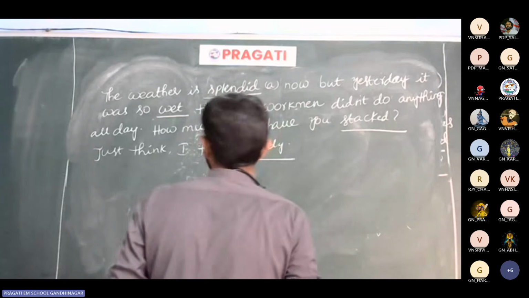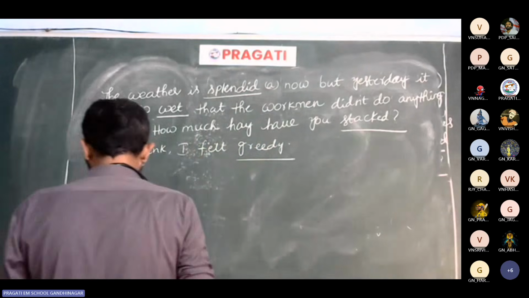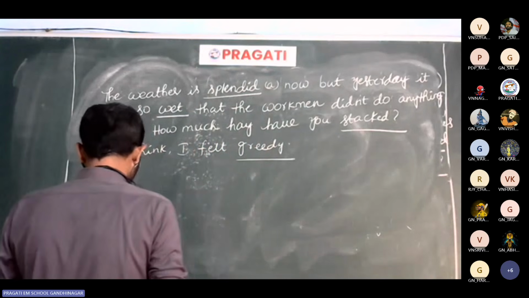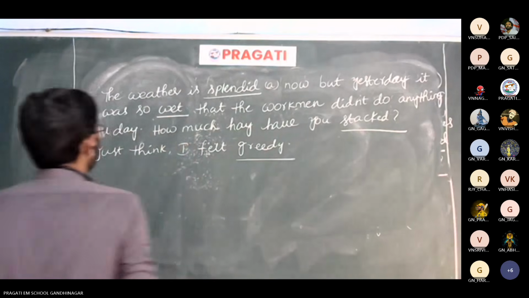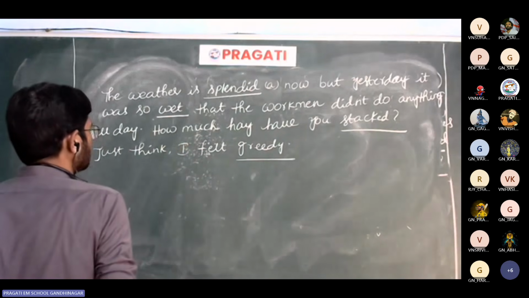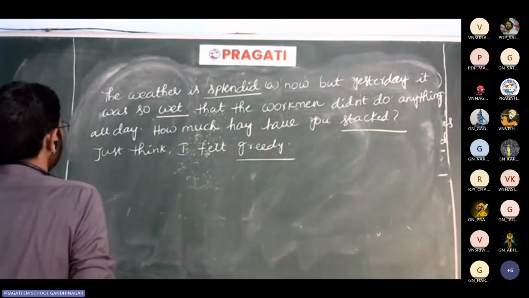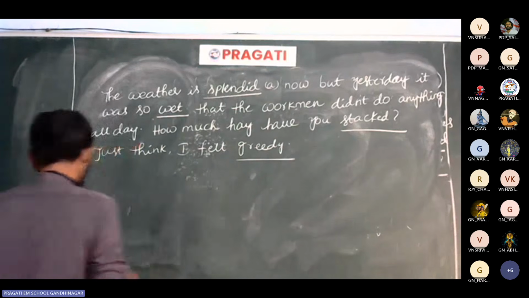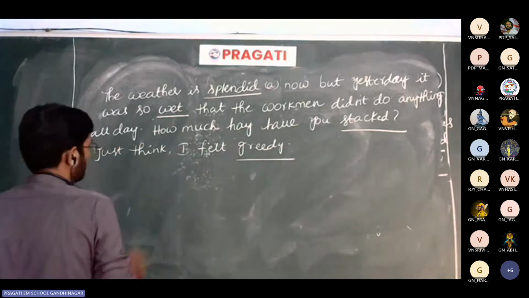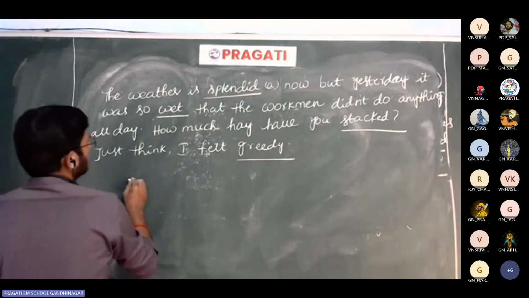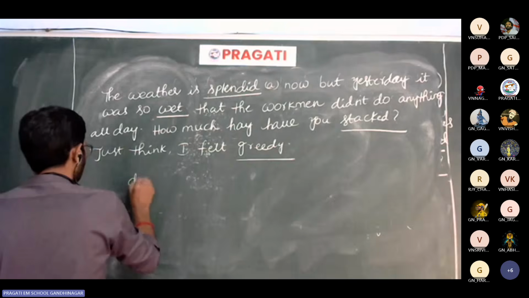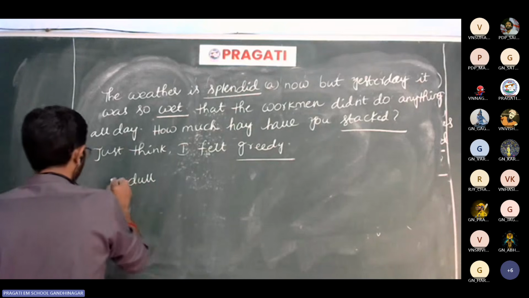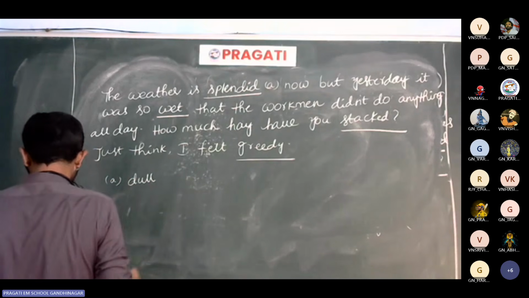So the first one is splendid. Splendid means something which is wonderful, very beautiful. Okay. Impressive. The weather is splendid now, but yesterday it was so wet. So the opposite for splendid could be, you can say, dull. Okay. Weather is dull.